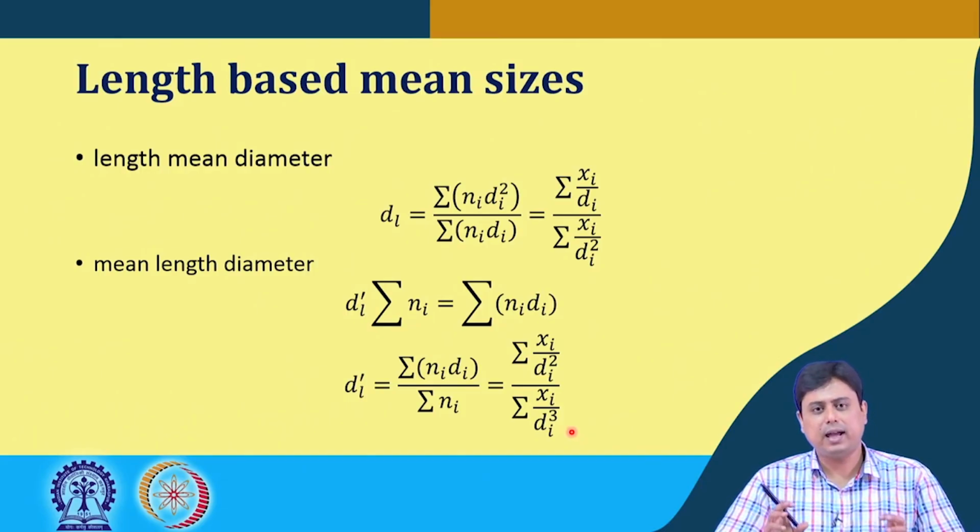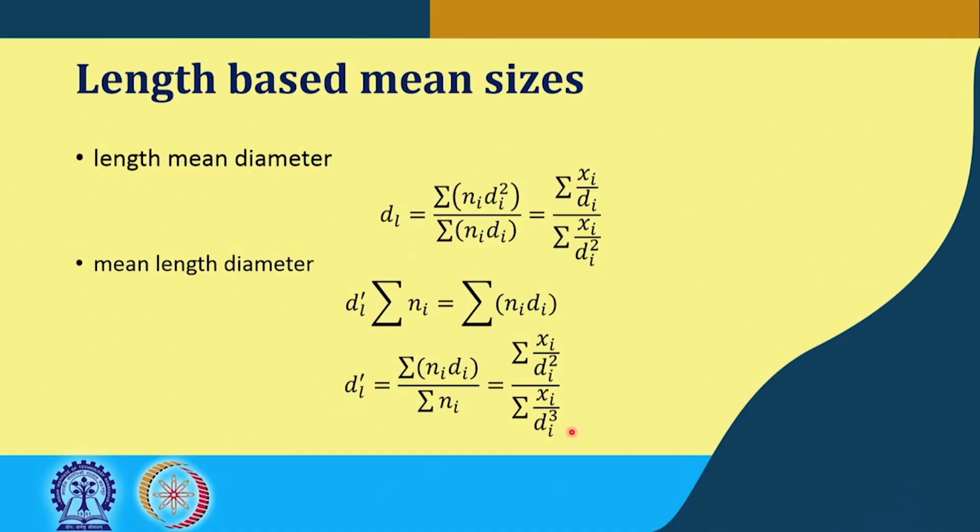These kinds of tables you will be given, and then you will be asked to calculate the mean diameter based on a certain criterion, either length, volume or surface. We will be seeing that in the coming classes, and that's all for now.